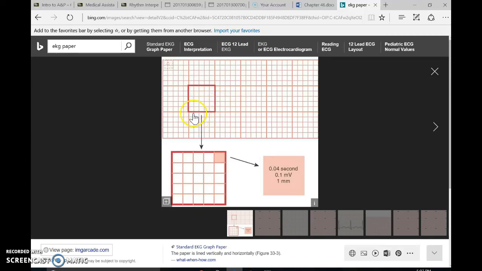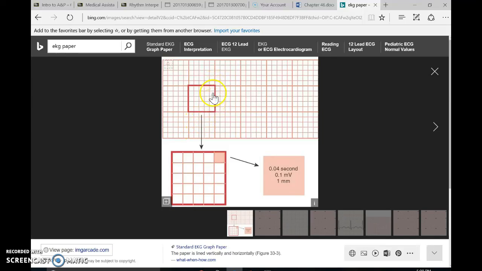So again, we're talking time going on the horizon in seconds. The big square is 0.2 seconds. Okay, the little tiny square equates to 0.04 seconds, time-wise.